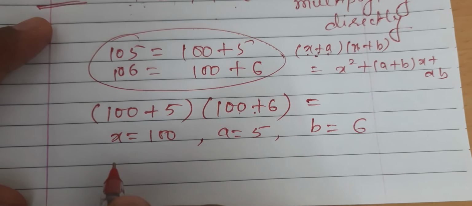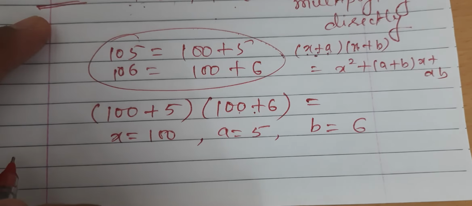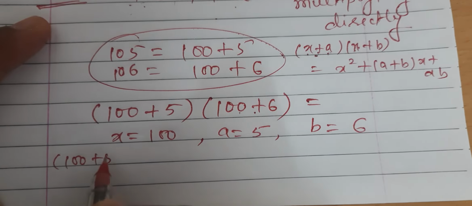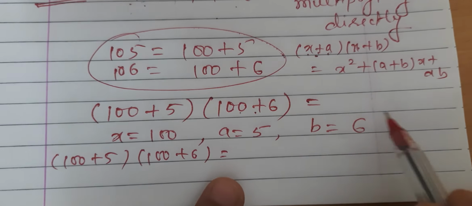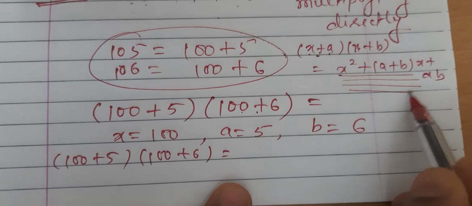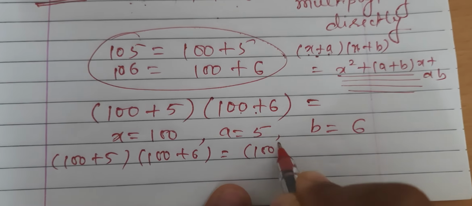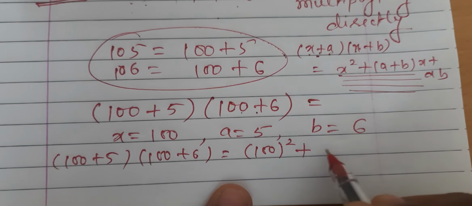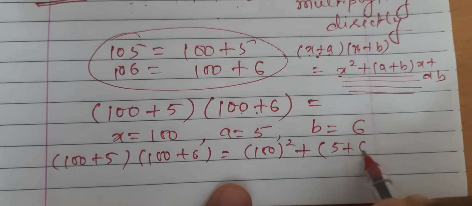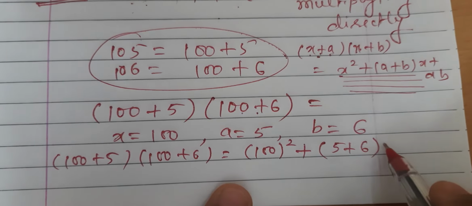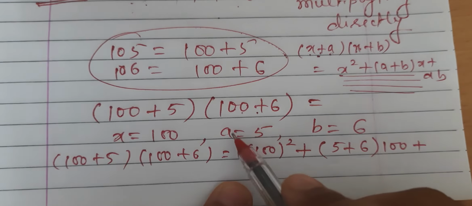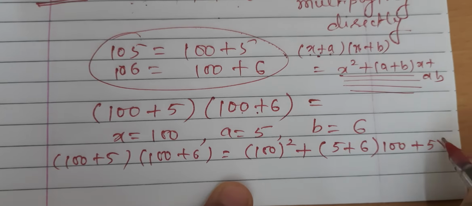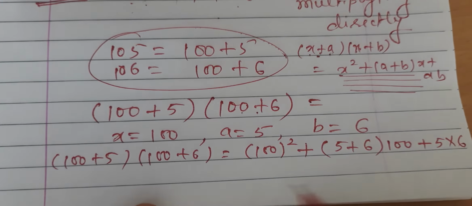By using the identity, on the left hand side we will write 100 plus 5 multiplied by 100 plus 6. On the right hand side we will put the values: x square means 100 square, plus a plus b, where a is 5 and b is 6, multiplied by x, which is 100, plus a multiplied by b, that is 5 times 6.